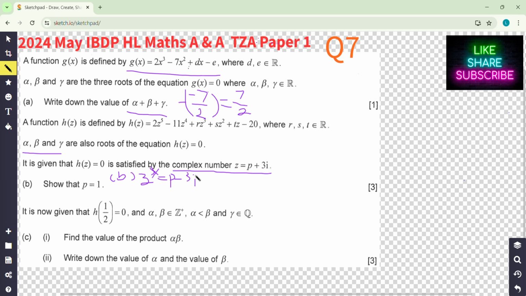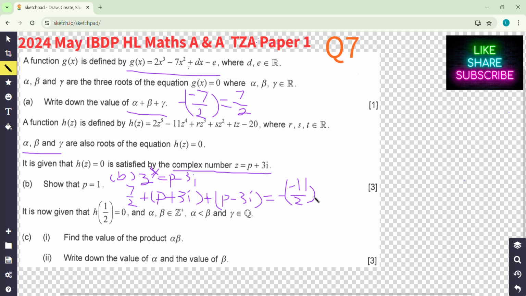And then you observe that the sum of the 5 roots is also negative 11/2. So you add alpha, beta, gamma together, 7/2, plus p plus vi, plus p minus vi, equals negative 11/2.